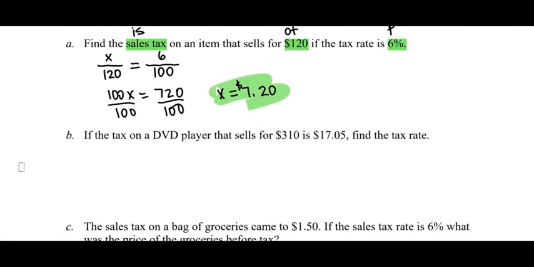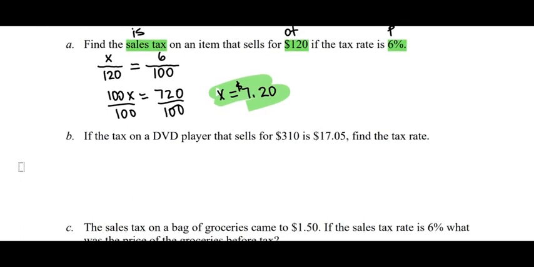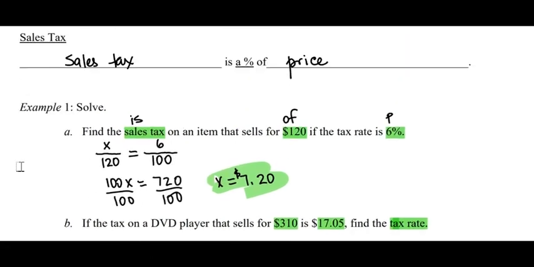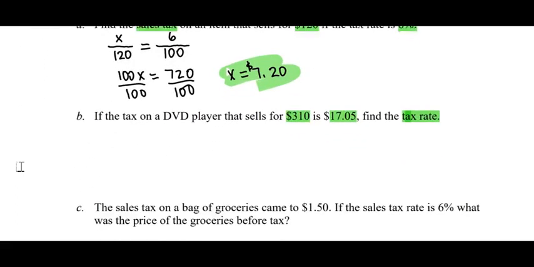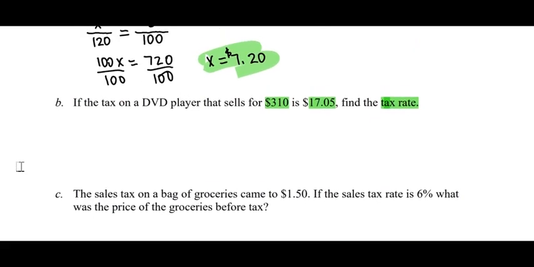If the tax on a DVD player that sells for $310 is $17.05, find the tax rate. Okay, so here we do not know the tax rate. We know the other three parts. So we have 310, we have the tax, we have the tax rate. For this one, I am going to try to set up the percent equation.